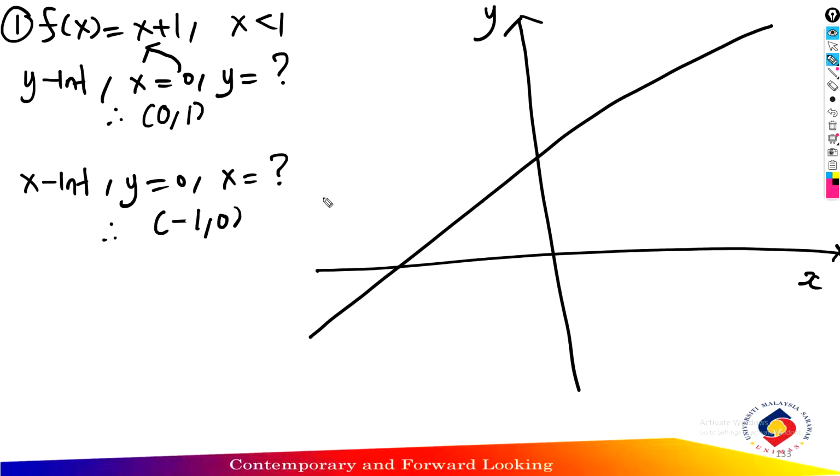Okay, the y-intercept of the function is at (0, 1), and the x-intercept of this function is at (-1, 0). So you draw the graph of the linear function, and the domain of this function is x less than 1.